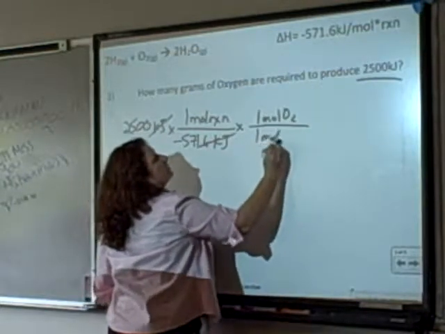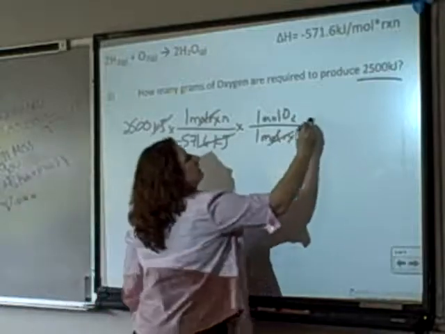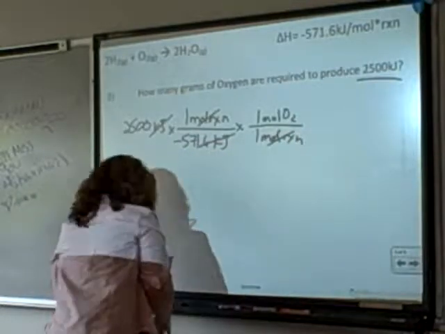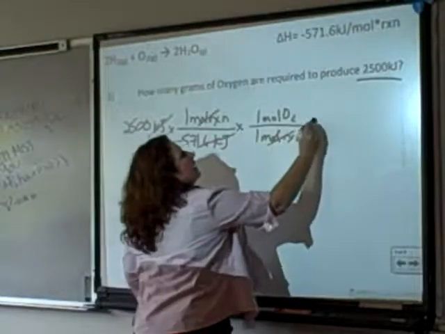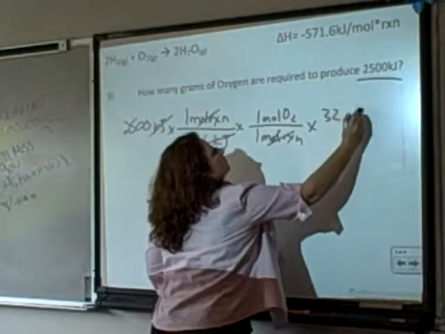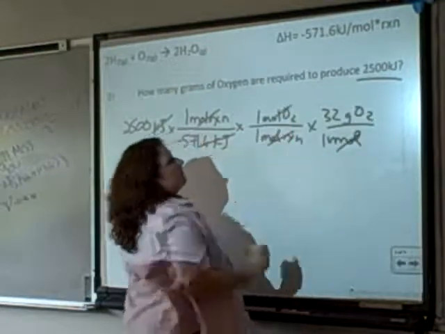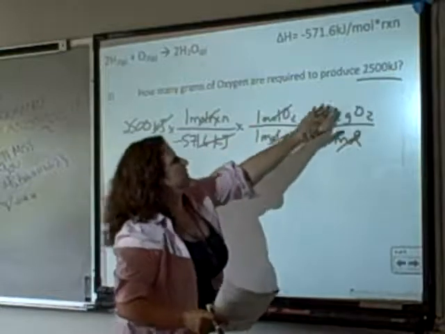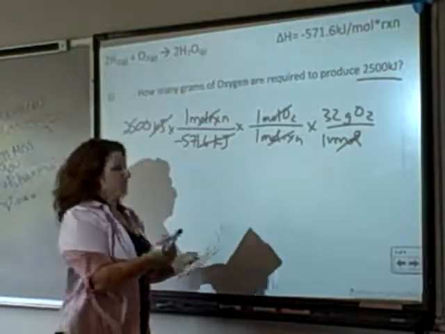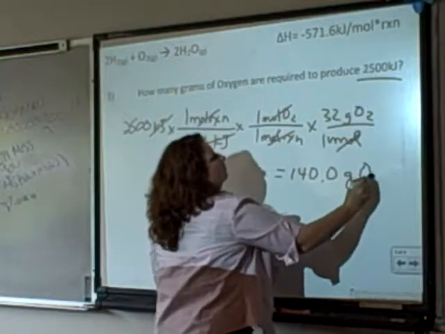And then finally we get the grams per mole. Okay? And then you go through this times that times that times that, divided by the bottom numbers, and you get about 140.0 grams of O2.